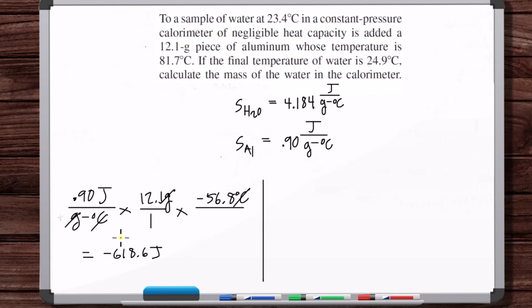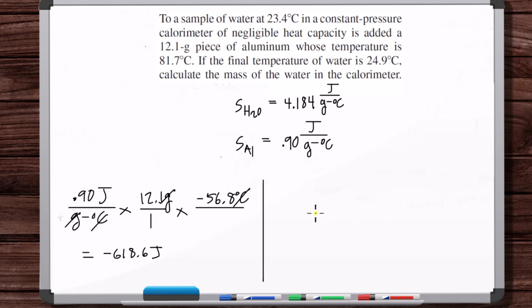Again, since this amount of heat left the aluminum, that's also the amount of heat that went into the water. So let's use the delta T of the water, which goes from this temperature to this temperature, and the heat transferred to the water to get the mass of the water, and use the specific heat as well.